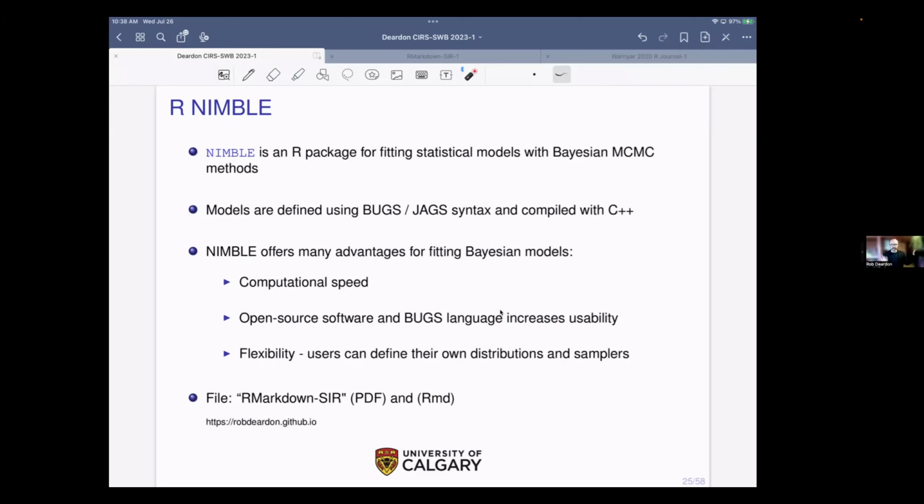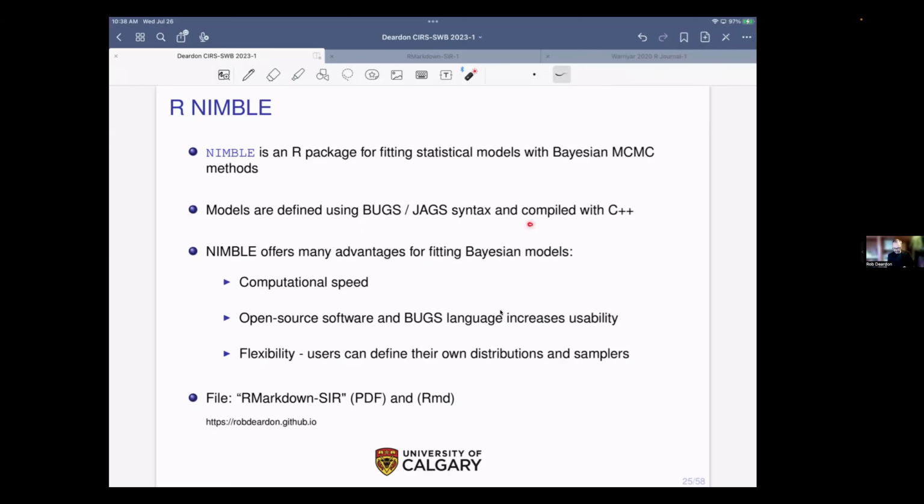It has a few advantages. So it's built upon these older languages, so BUGS and JAGS, and everything I'm talking about today, you can do using BUGS or JAGS. But Nimble's built on that, which means there's a lot of material out there. If you're learning Nimble, you can get code for all different sorts of modeling situations.